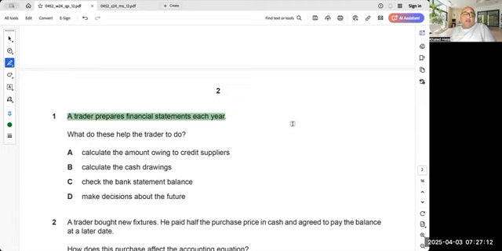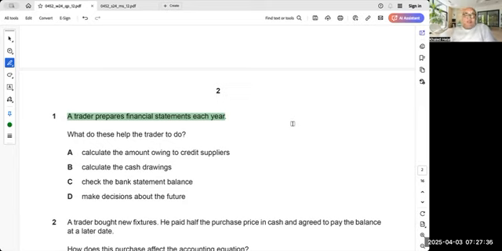The last one is the cash flow statement, a summary of cash in and cash out. It has nothing to do with payables or receivables, or anything bought or sold on credit. It's all about cash for a period of time.